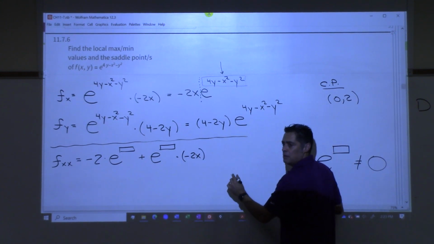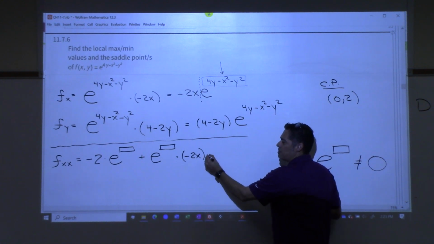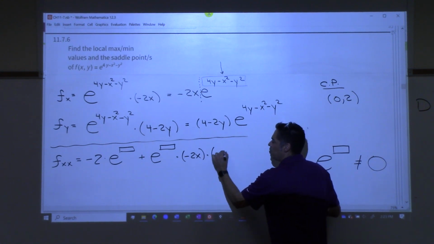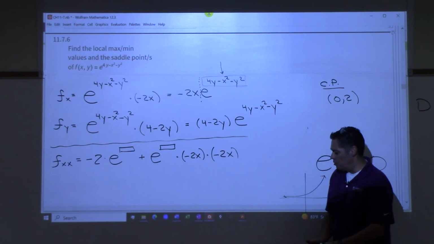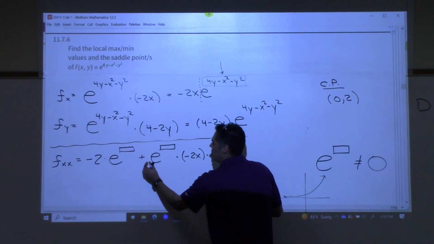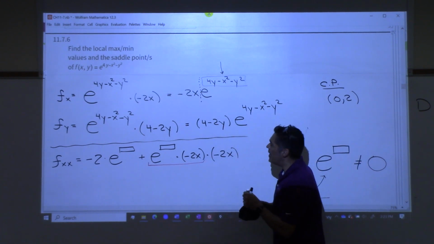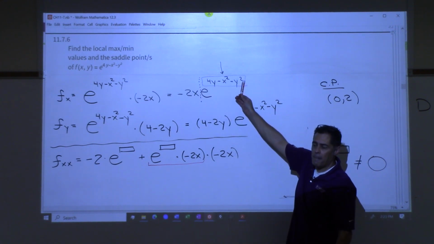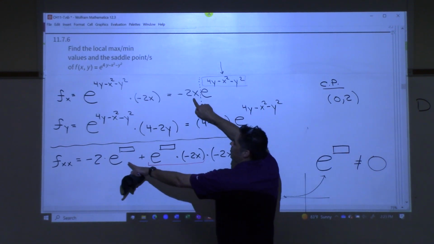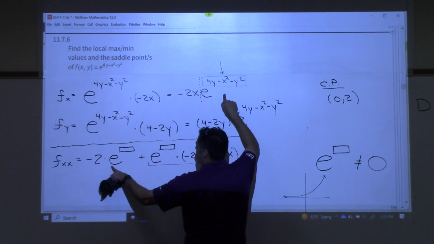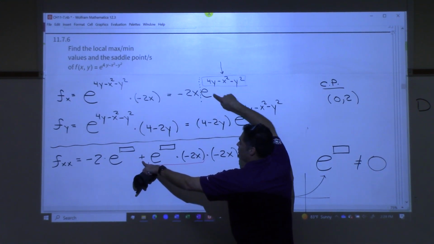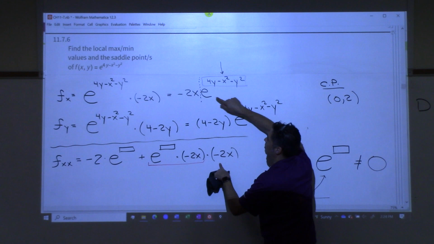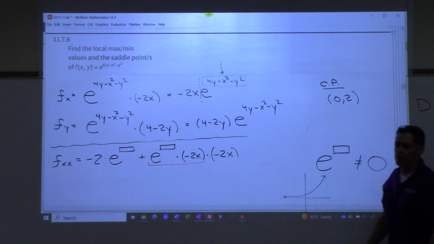Are we done? No, what do we still have next to this? -2x, which finishes off your product rule. So everything you see in here, in red, was the derivative of this right side. So derivative of this is -2 times that, plus the derivative of all of this is all that in red, times finishing off the product rule is your -2x.